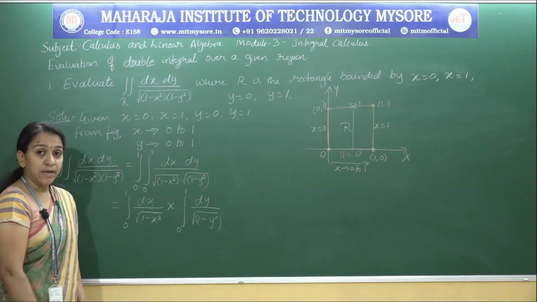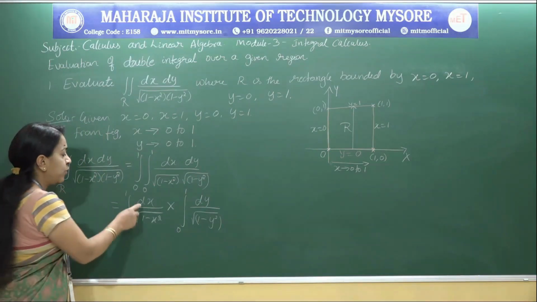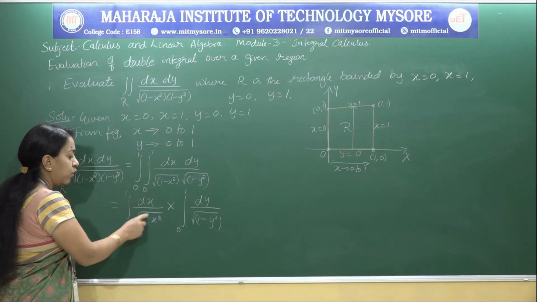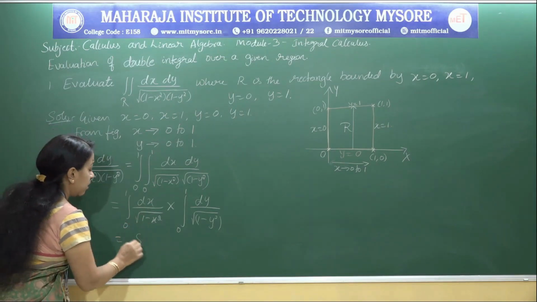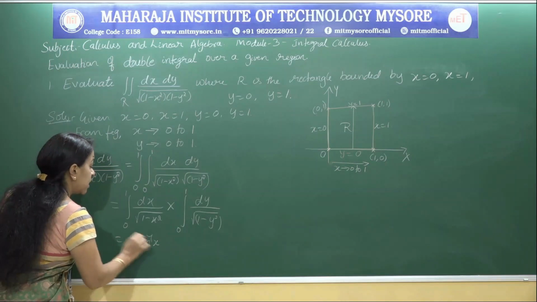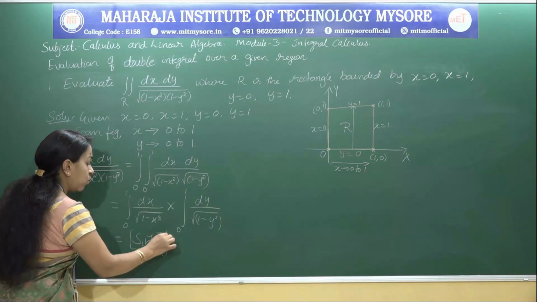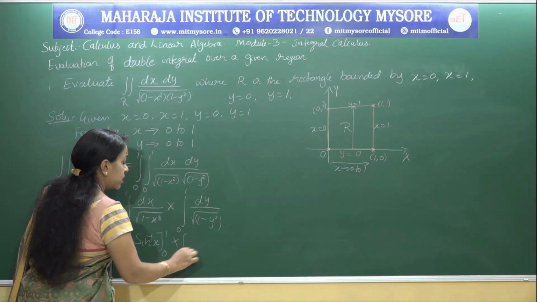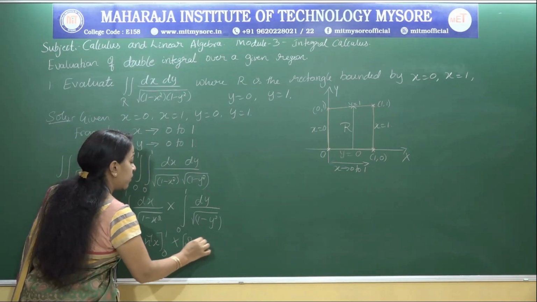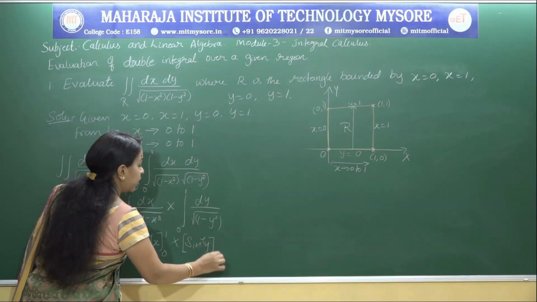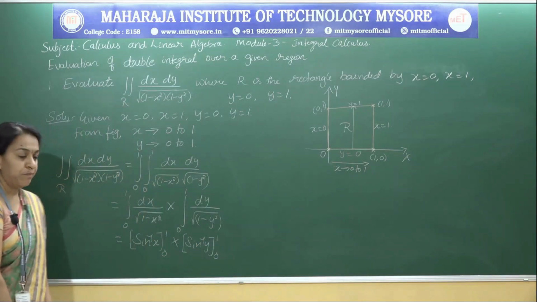And of course we know the standard integral formula, that is integral of 1 by root of 1 minus x square is nothing but sin inverse x between the limit 0 to 1 into, of course the same value, instead of x we have sin inverse y between the limit 0 to 1.